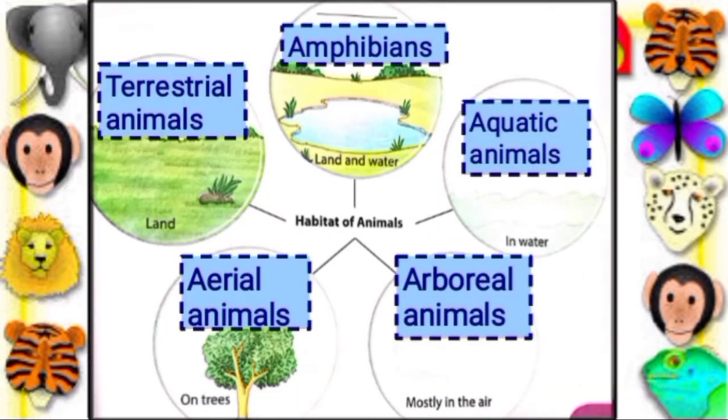Now let's understand about habitat of animals. A habitat is a special place where a plant or animal lives, just like you have a home or a place to live. Same way, animals also have their home.